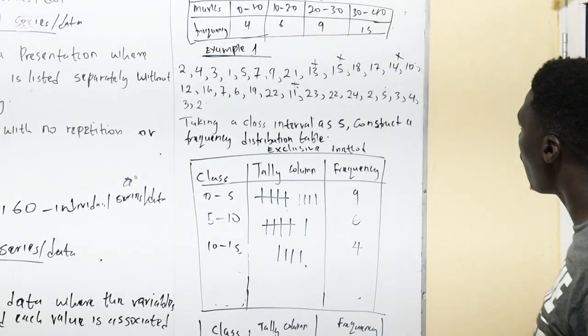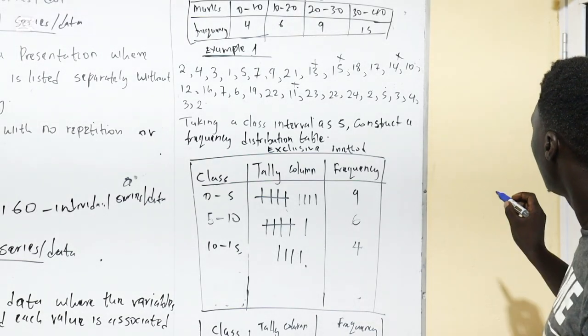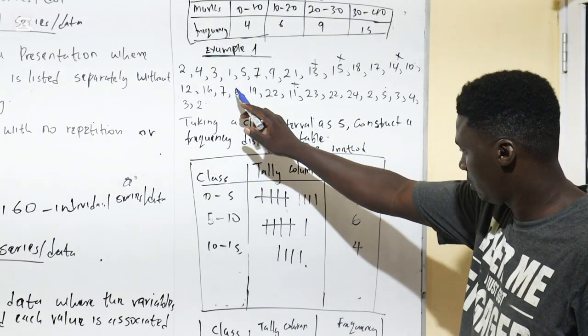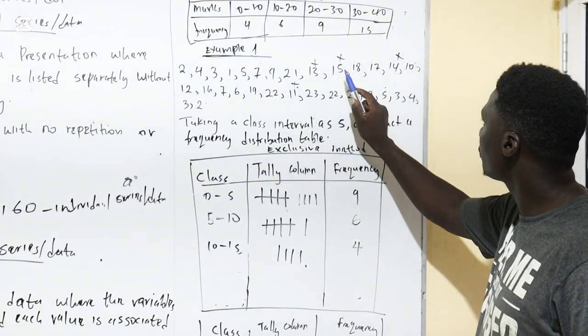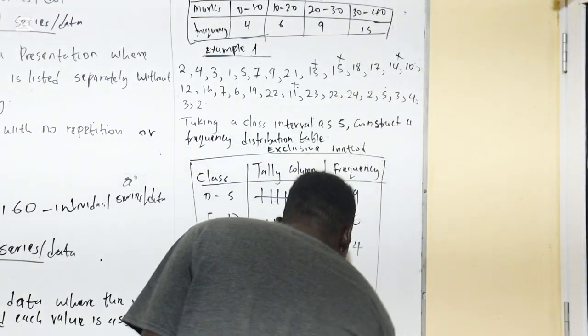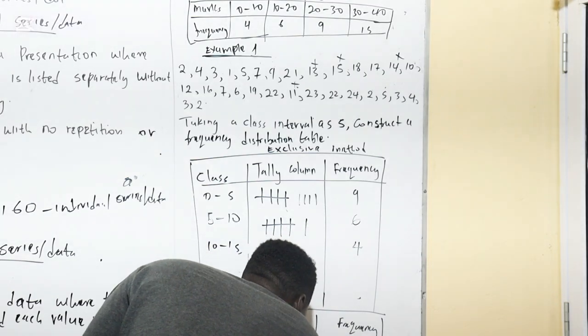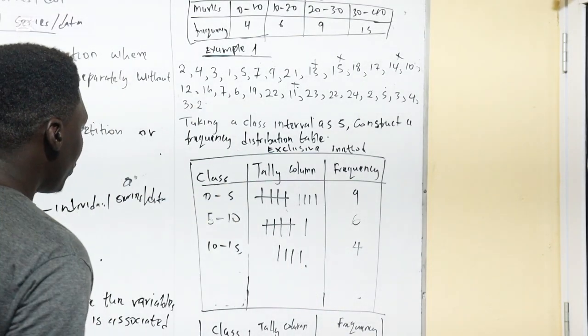So there are also 4. So here will also be 4. Now will be 1, 2, 3, 4.